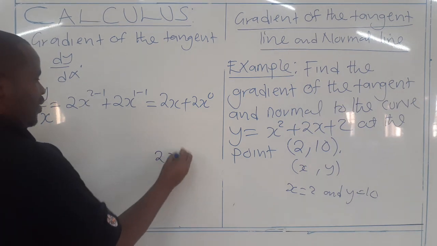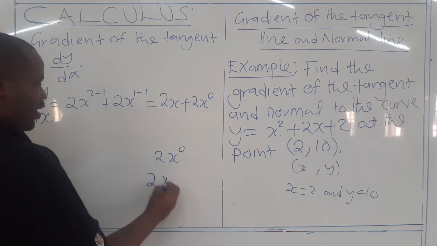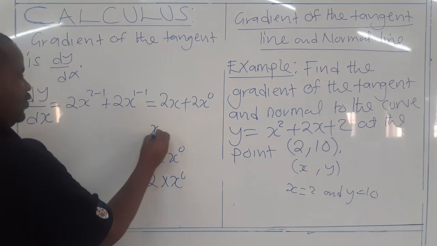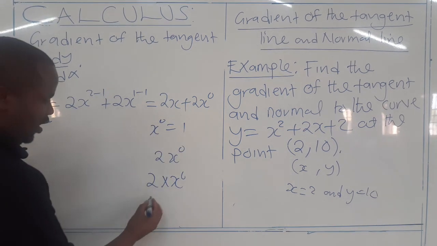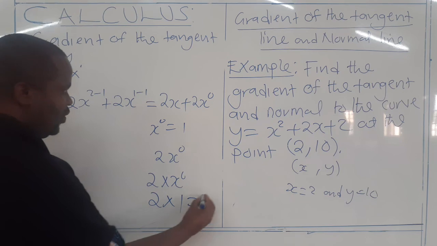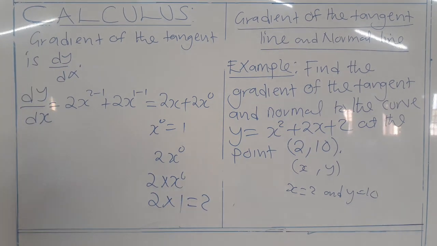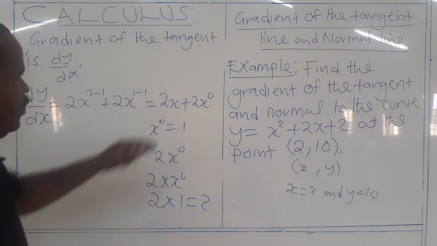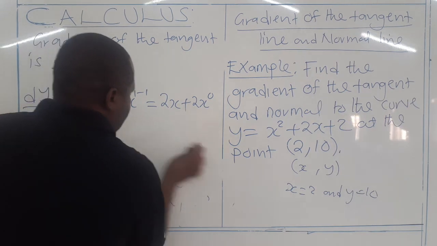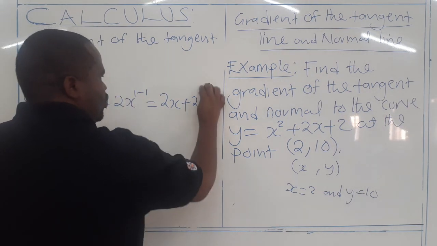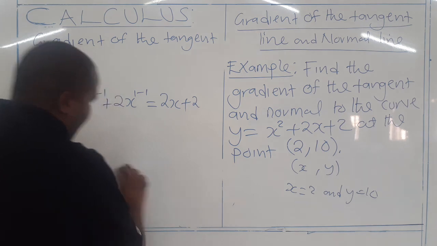So 2x to the power 0 implies 2 by x to the power 0, and x to the power 0 is 1. Meaning 2 by 1, and the answer is 2. So here we have 2x plus 2 as our gradient function.